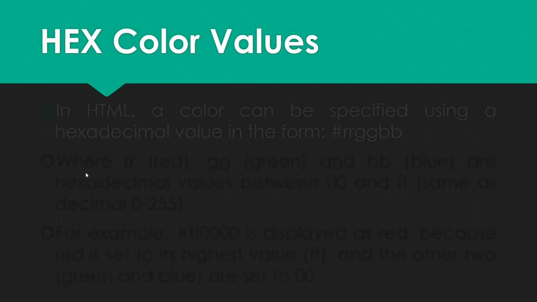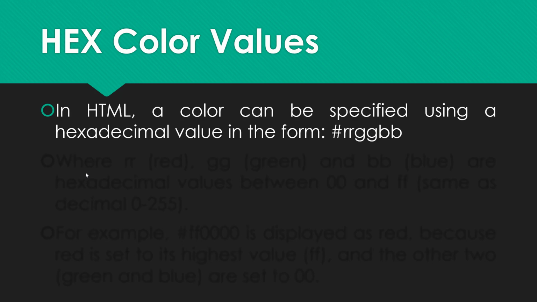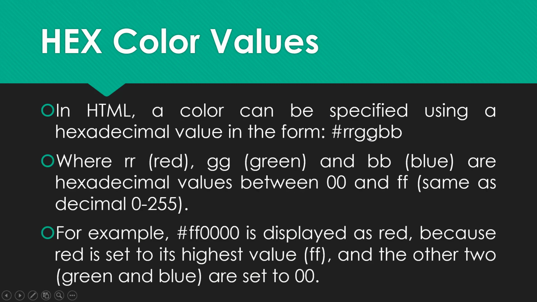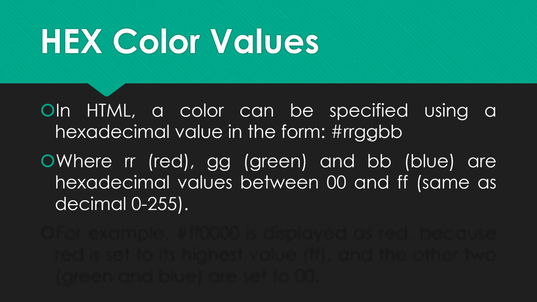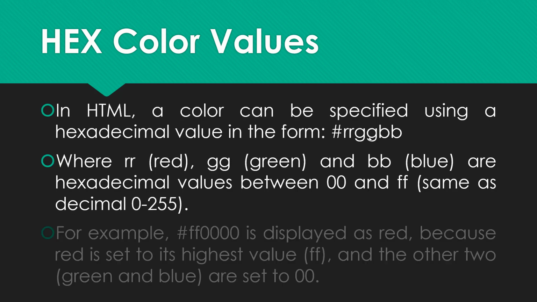So, hexadecimal color values. In HTML, a color can be specified using a hexadecimal value in the form of a hash and then red, green and blue values. The RR is red, the GG is green, the BB is blue, and these are hexadecimal values ranging from 00 up to FF, which is the same as the decimals from 0 up to 255.